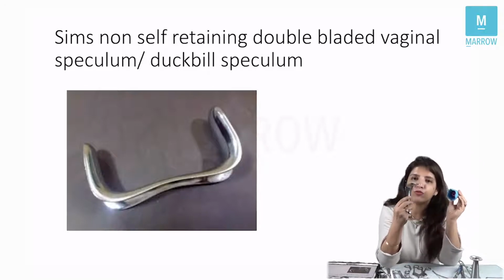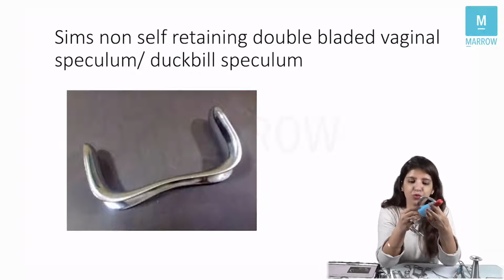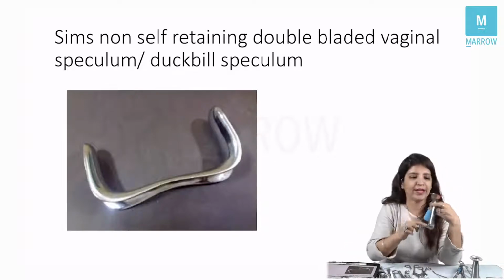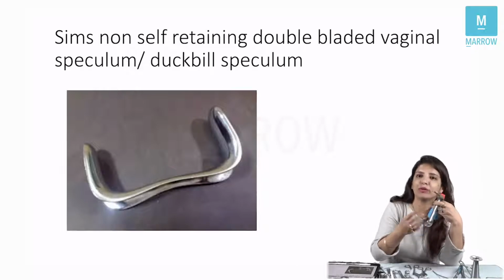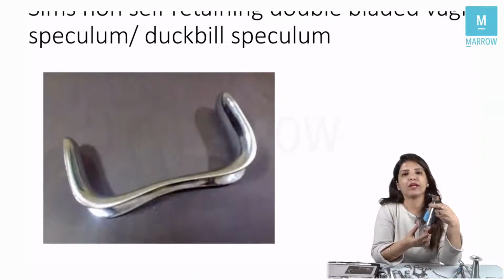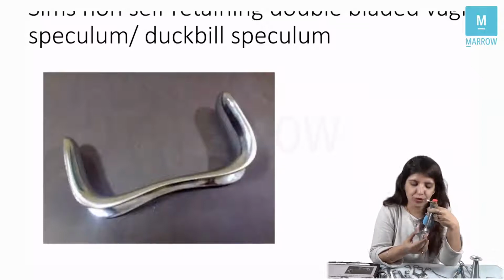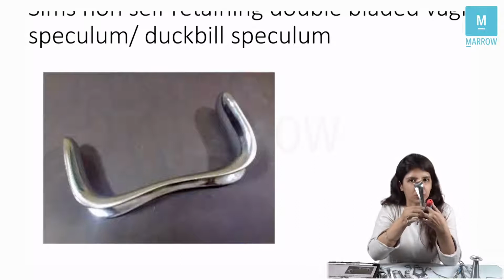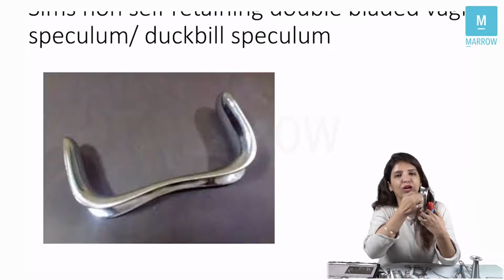The other name for this speculum is the duckbill speculum. As you can see, in this speculum there are two blades, right? The size of the two blades will be different. One blade will be a little narrow and the other a little broader, right? Then there will be a handle connecting both the blades, and there will be a groove in the blade.